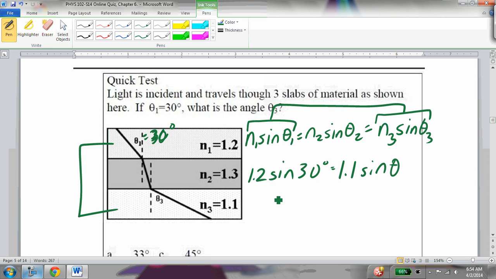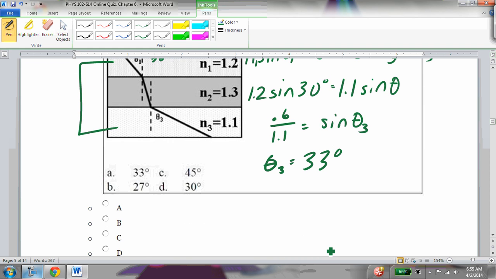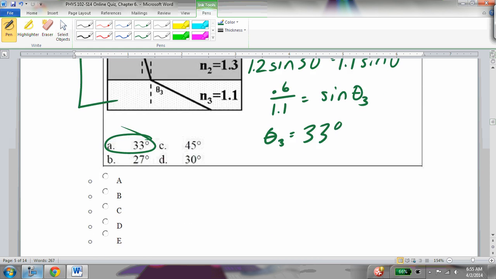So here 1.2 times sine of 30, that's 0.6, divided by 1.1 equals sine of theta 3. And so theta 3 is the inverse sine of 0.6 over 1.1. And I get 33 degrees. Right, so 33 degrees is theta 3.